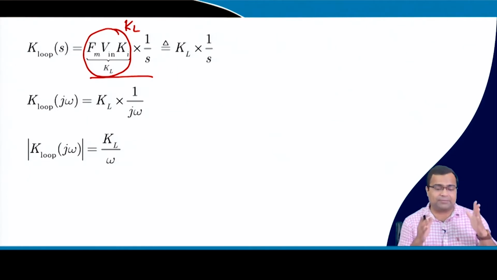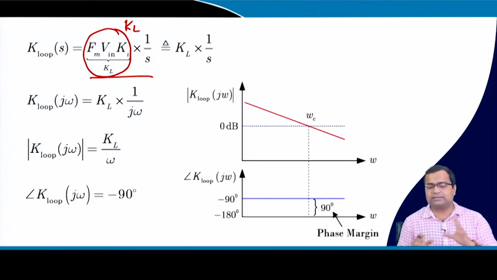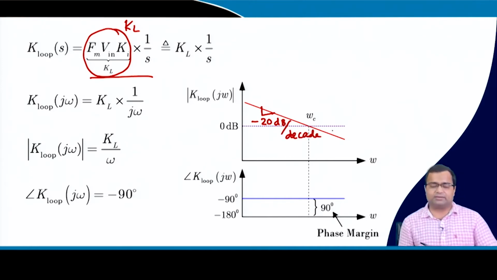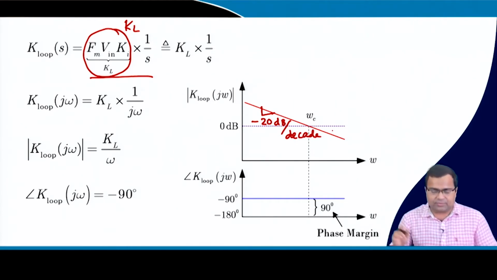And if you take the loop gain, the magnitude of the loop gain is simply KL by omega, and the phase is minus 90 degrees. So, it looks like this, that means the slope is simply minus 20 dB per decade in log scale. Okay. So, the gain plot is this because it is just a pure integrator, and we have a phase of minus 90 degrees. So, as a result your phase margin is 90 degrees.